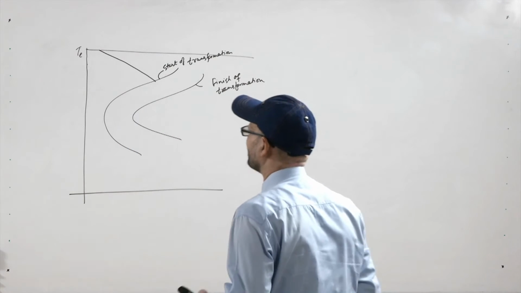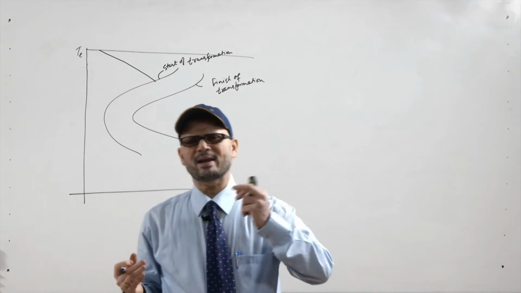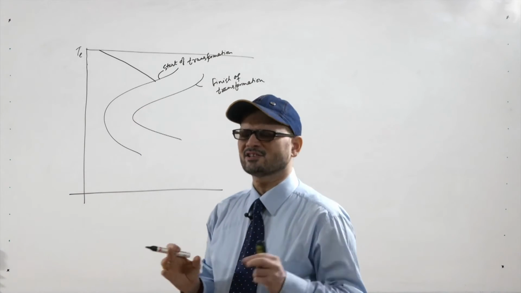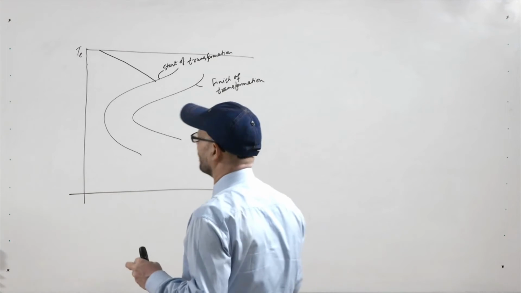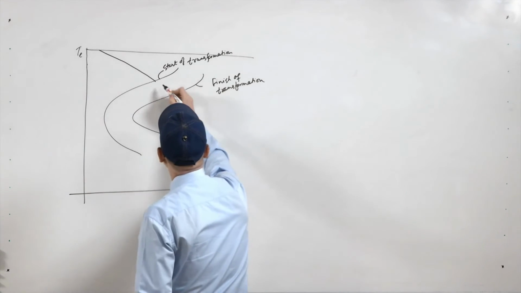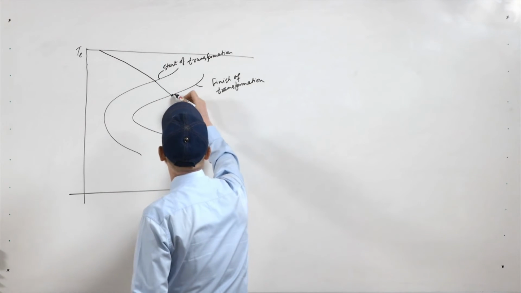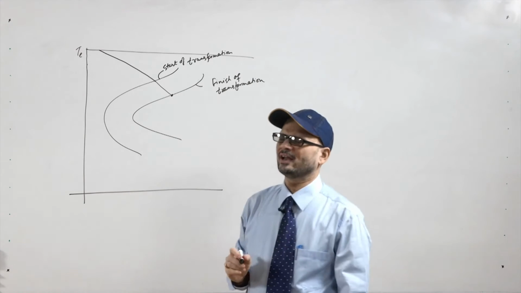Austenite will basically be changing to perlite. Perlite is nothing but alternate lamellae of ferrite and cementite. And when it comes here, this is the 100% transformation of austenite to perlite.